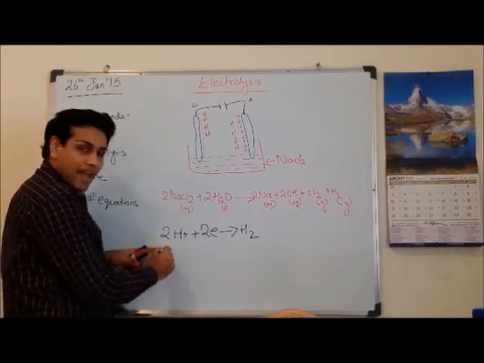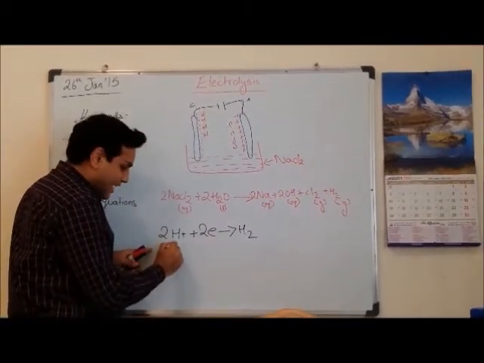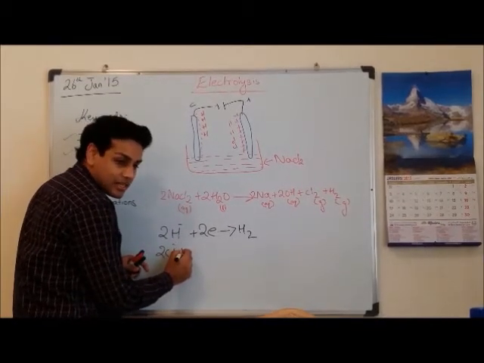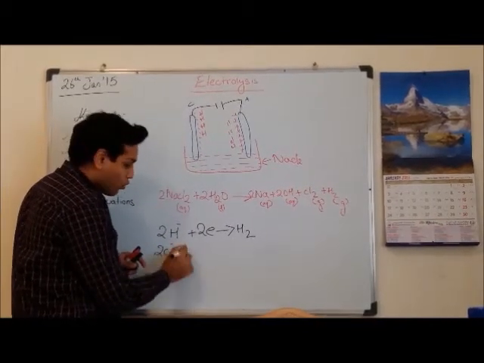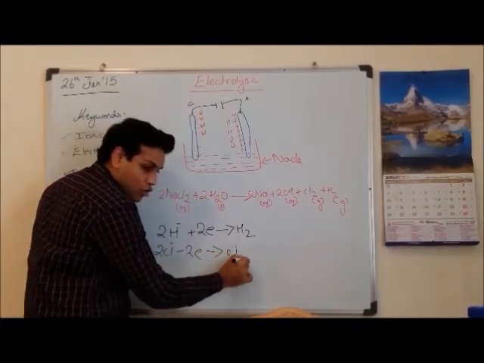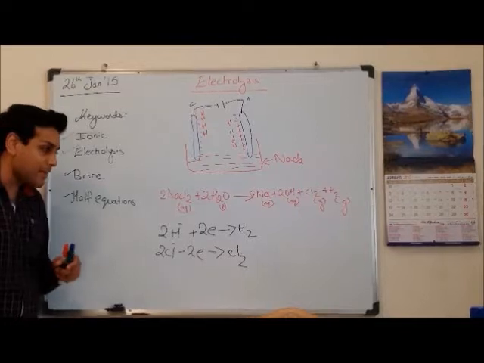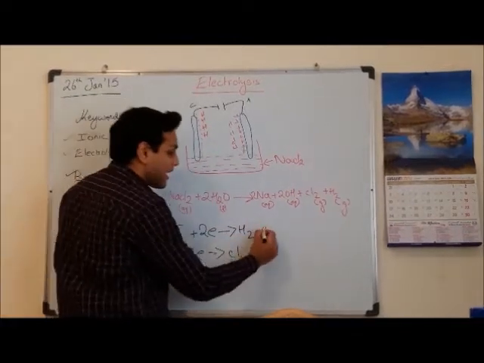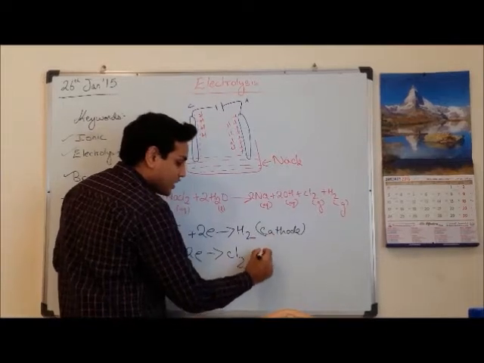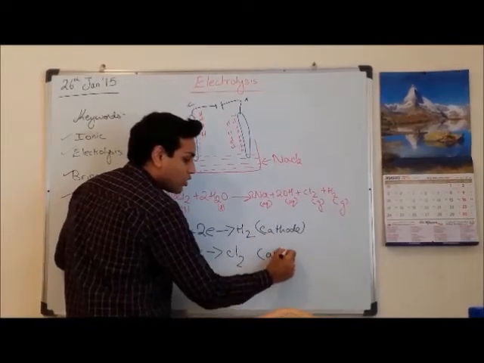While here I will have 2 chloride ions, that is negative, which will lose 2 electrons to give me Cl2. So basically, this reaction takes place at the cathode. This reaction takes place at the anode.